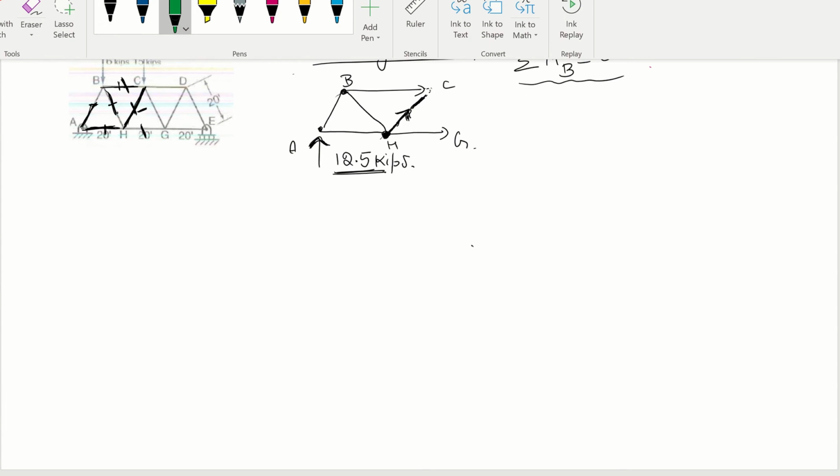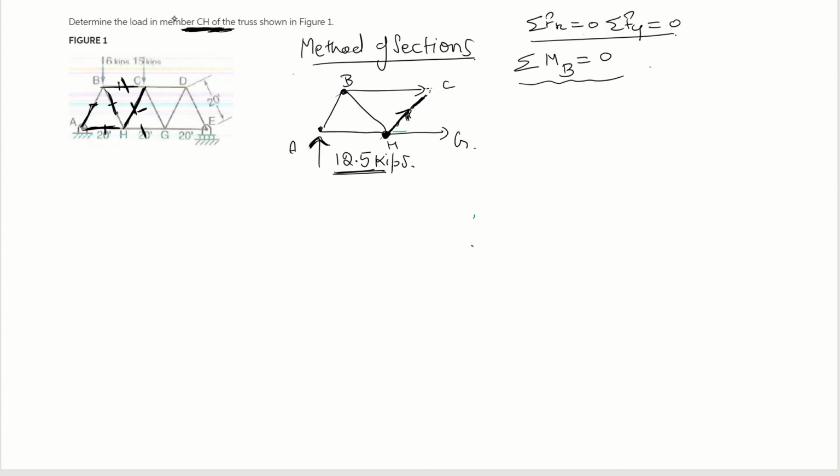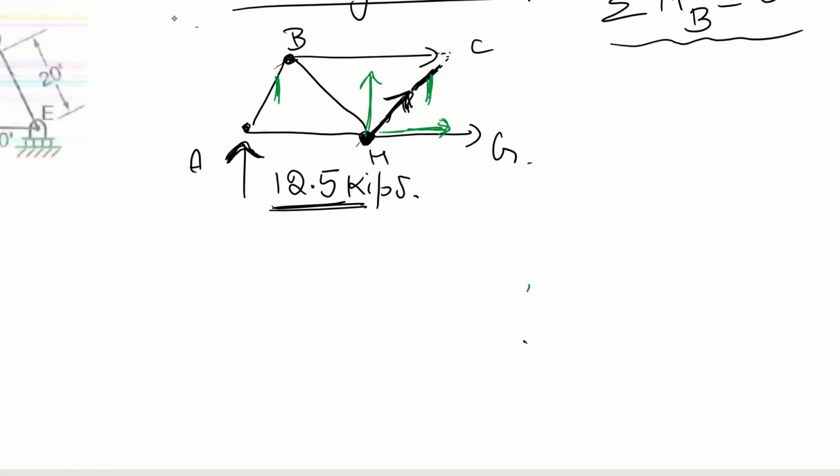So let me change the color. This will be the X component, and this will be the Y component of CH. Let me draw here. I'll zoom in. If this value is 17.3 and this value is 10, this is 20, and this 20 is given to me.